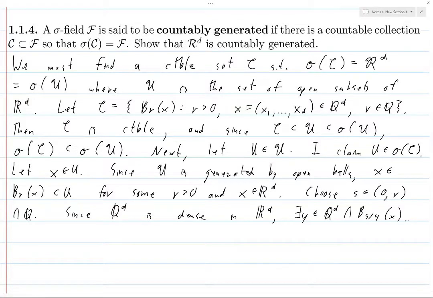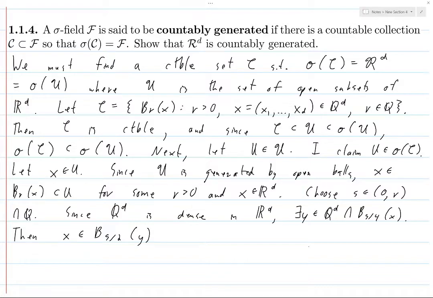Okay. So then X is an element of the ball of radius S over 2 centered at Y. And that's simply because, by the choice of Y, the distance between X and Y is less than S over 4, and so in particular it's less than S over 2.